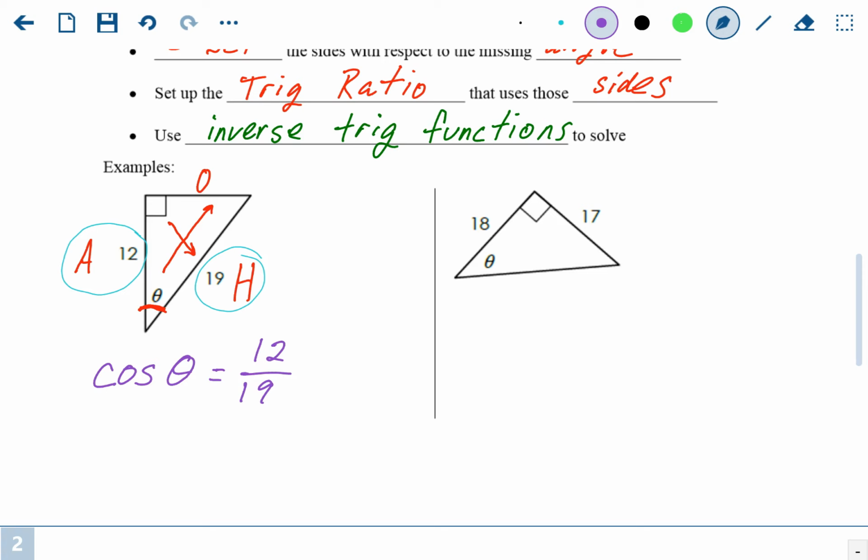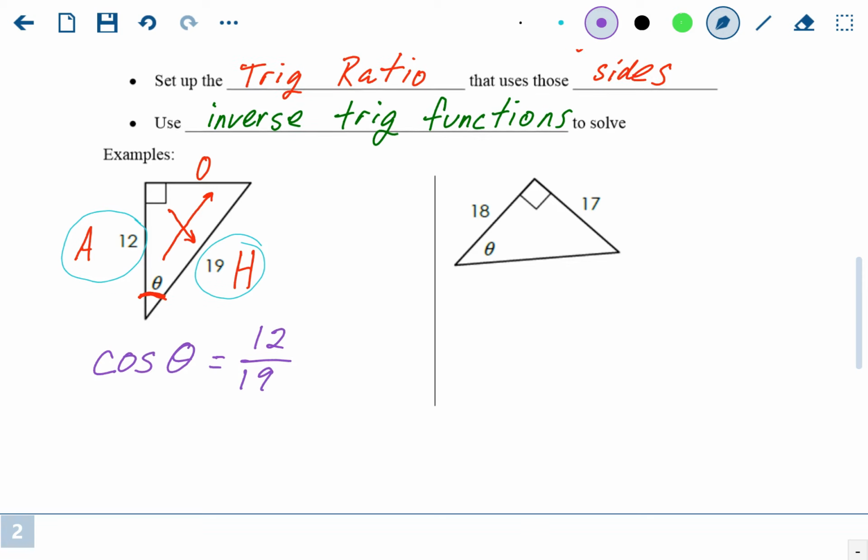Now again, if you need to get the angle by itself, you have to use the inverse trig function of that. Because you can't just divide by cosine. It's a function rather than a number, an expression. So what we're going to do is we're going to take the inverse cosine of the other side, of really both sides.